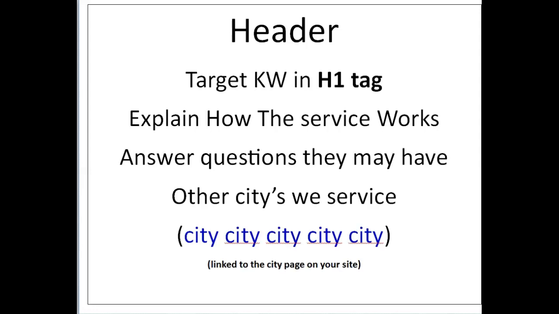Send us an email, we'll do that for you. It's that simple. Explain to people what they're going to get or how the service is going to work, how the company is going to save the day for them. This is very important information, guys, and I don't want you to overlook this. Yes, we want to rank, but remember, we also want to convert.